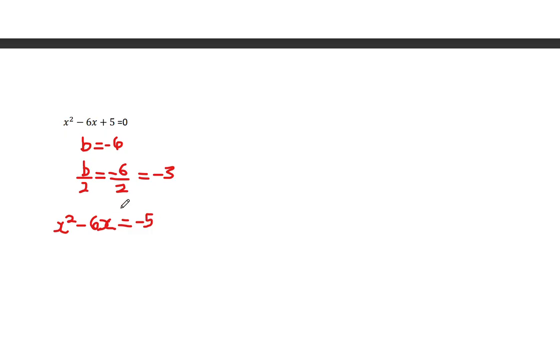So we must rewrite the quadratic equation in this form, with the variables on one side and the constant on the other. The next thing we want to do is square b over 2. So b over 2 all squared, which is the same as negative 3 all squared, is going to give me 9.